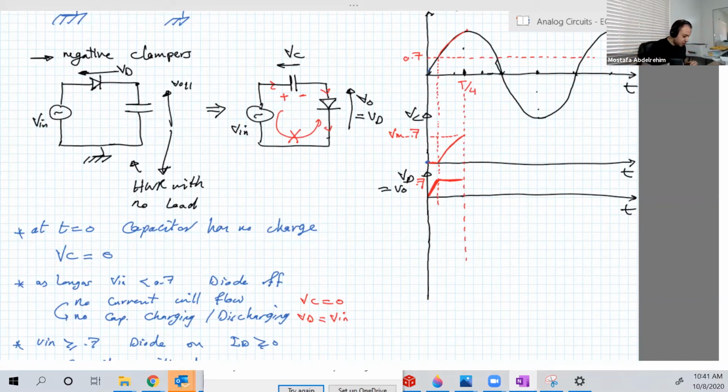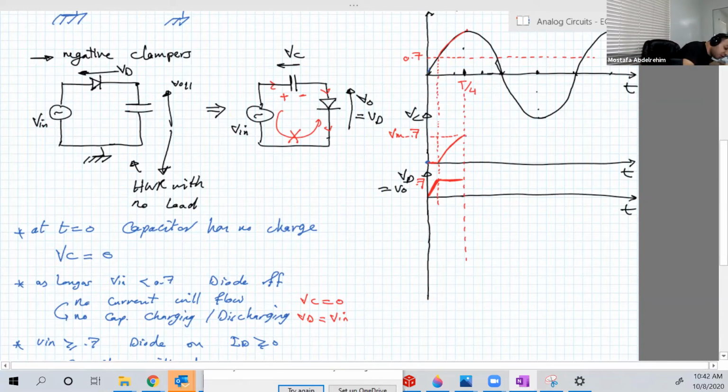So the capacitor voltage will continue like this, constant, equal to Vmax minus 0.7.